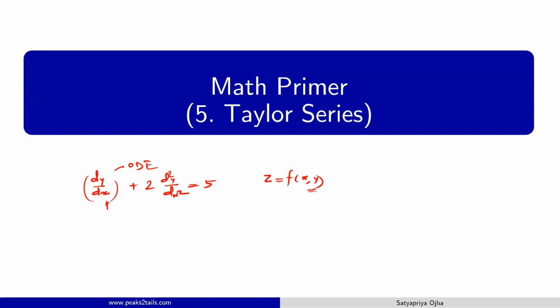This is typically the case in finance because prices of derivatives are functions of multiple input variables, right? When you differentiate with respect to one variable, you have to keep the other variable constant. There we have partial derivatives. So we write del z by del x or del z by del y. These are partial derivatives.